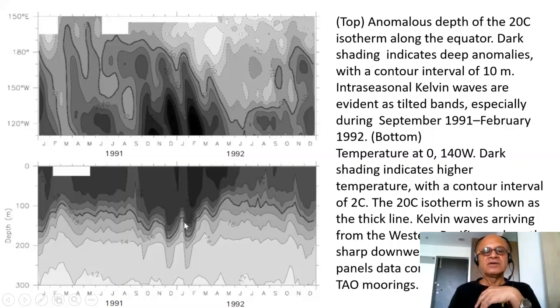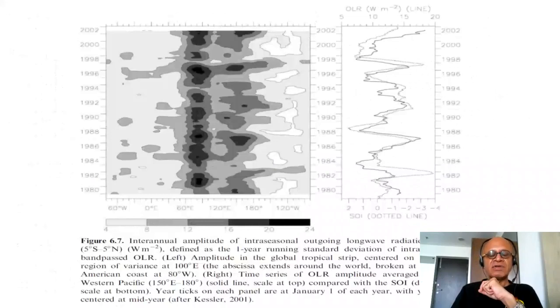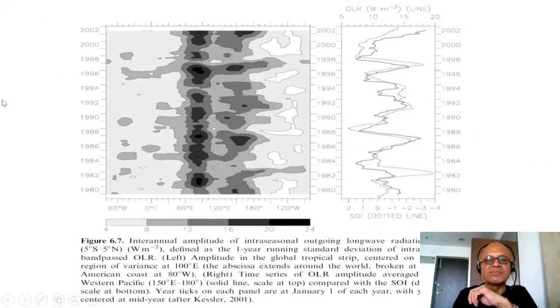So again, you see the lower frequencies of seasonal to interannual signals, frequencies being generated by Kelvin waves, which are in intra-seasonal time scales, which themselves are forced by zonal winds, which are literally in bi-weekly time scales.